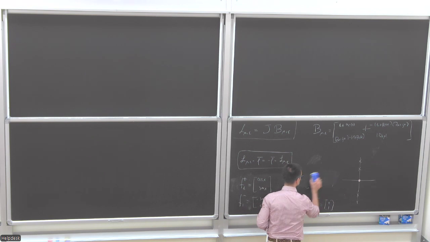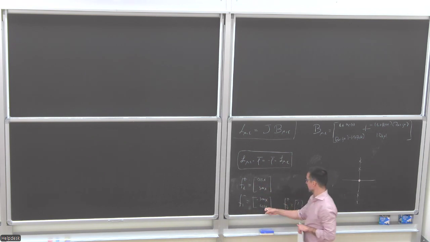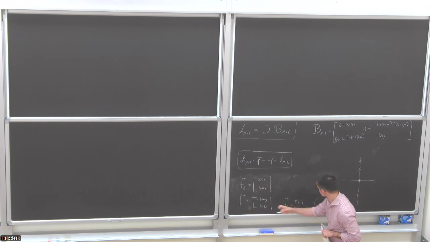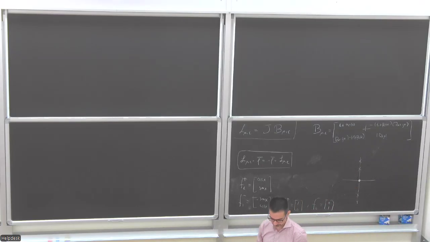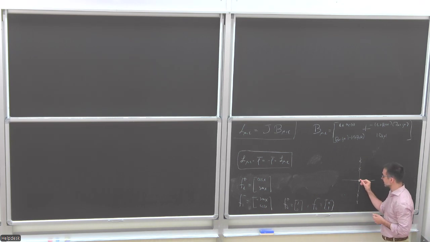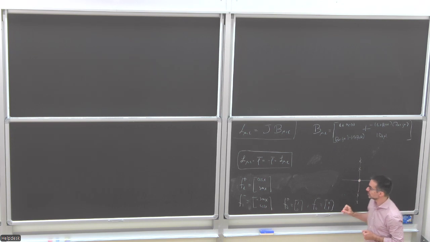These three are eigenvectors, and this one is the generalized kernel. So we have the basis of the generalized kernel at 0, and we want to understand the spectrum at 0, 0.